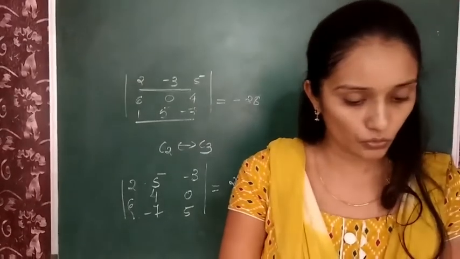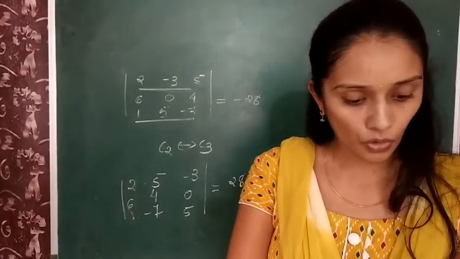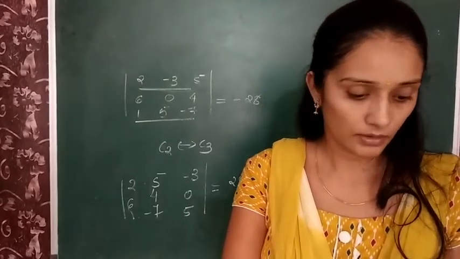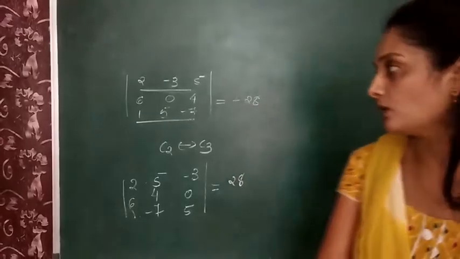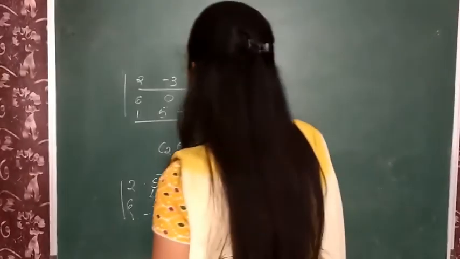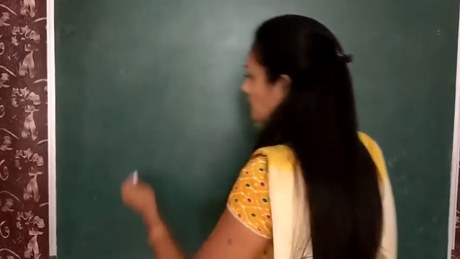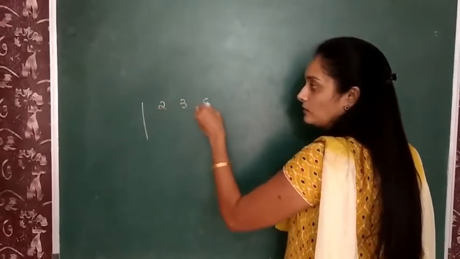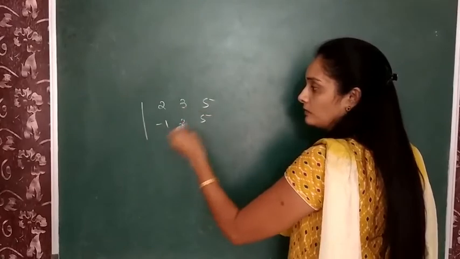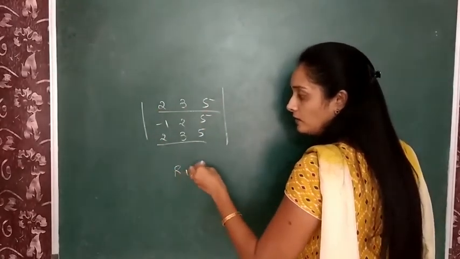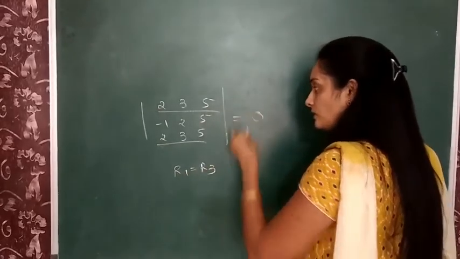If any two rows or columns of a determinant are identical, then the value of the determinant is 0. That means if in a determinant any two rows or any two columns are the same, like this, here two rows are equal, R1 and R3, so the answer is 0.